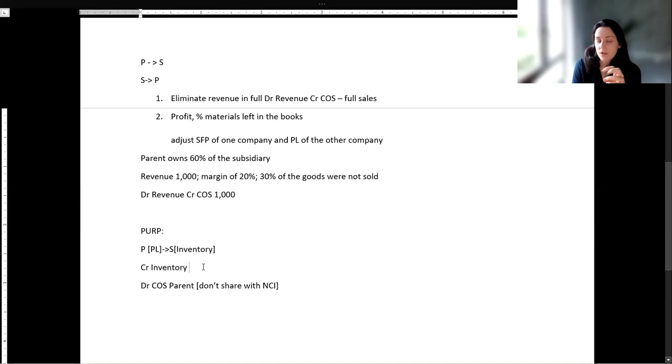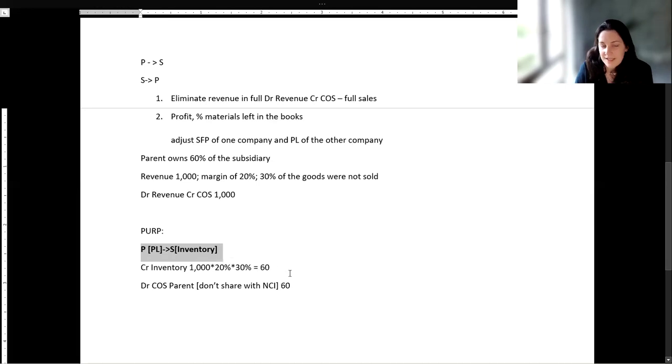So we are going to look at the profit that was earned, which is 1,000 multiplied by profit margin of 20%. And we also look at how much of the goods is going to be unsold. So $200 is going to be multiplied by 30%, so it's going to be 60. And that is our entry.